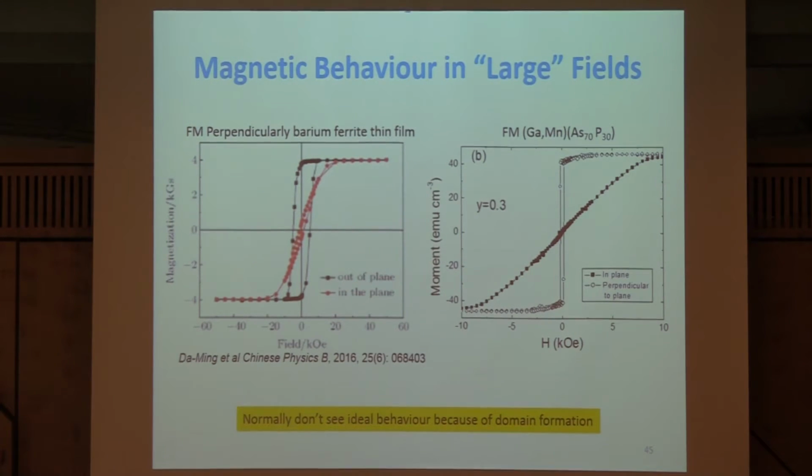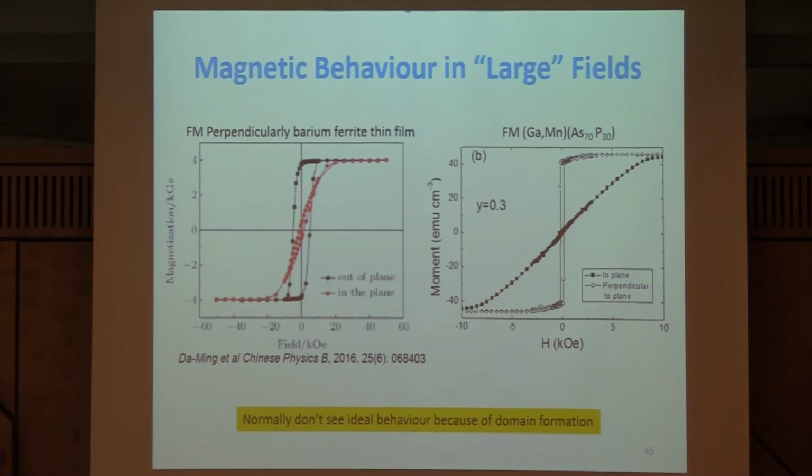This one is one of ours. This is actually gallium manganese arsenide phosphide, which has got a very strong out of plane anisotropy. And here, if you're in plane, that looks like a hard axis. If you're out of plane, that looks like an easy axis. But the coercivity here is tiny.